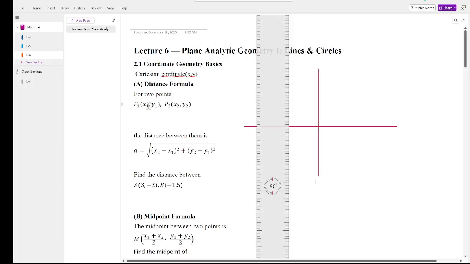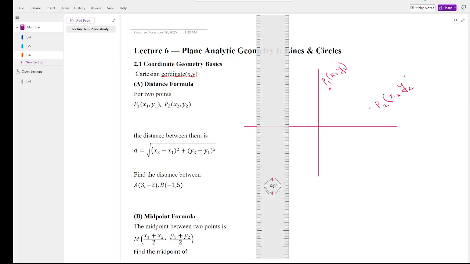So for two points, the first one is P1 (x1, y1) and P2 (x2, y2). We denote this point P1, meaning (x1, y1), and this point P2, (x2, y2).